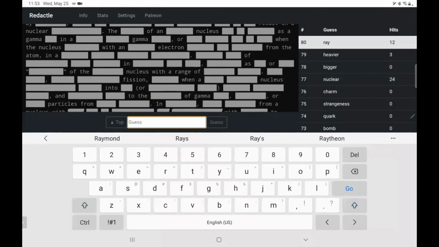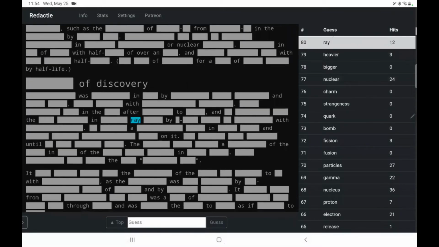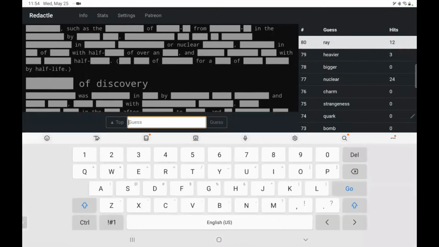Let's try ray. Okay, it's a gamma ray. Something of discovery, maybe history of discovery. Yeah.